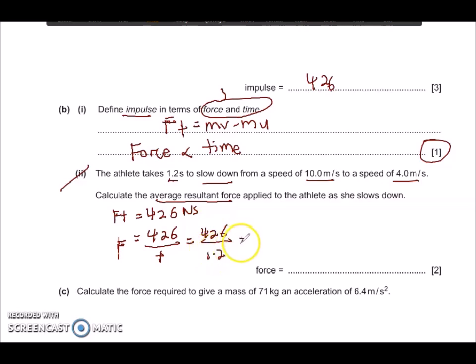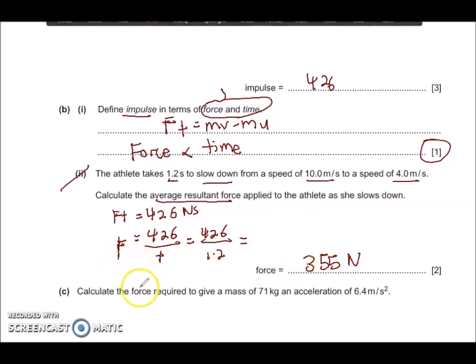So 426 divided by 1.2, you get 355 Newton. That's your answer there.